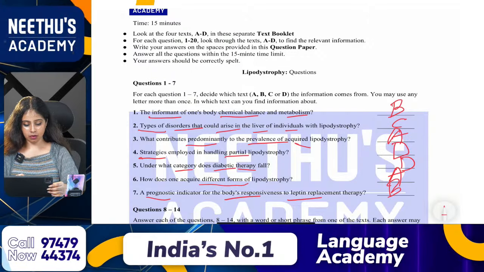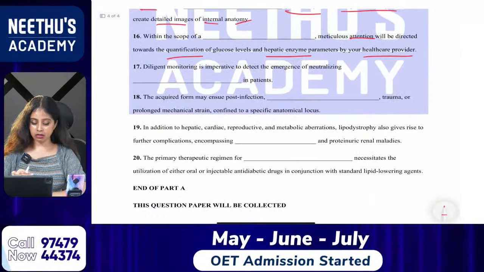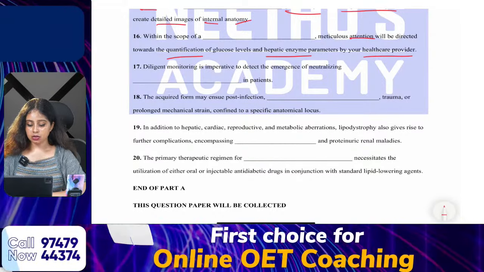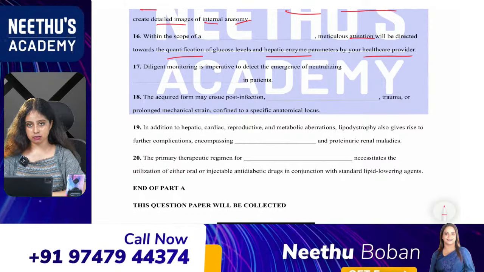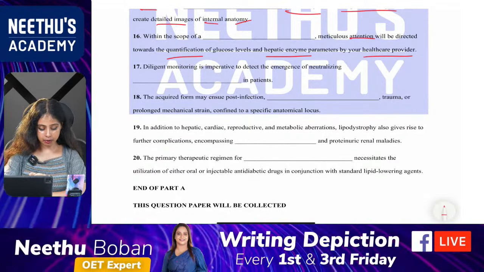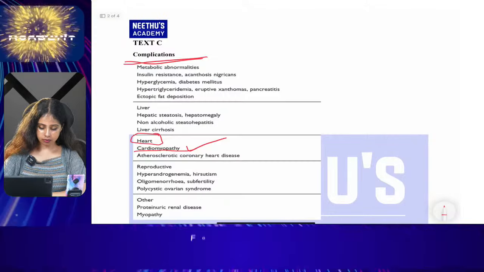Okay, very good. Then next, question number 17. Diligent monitoring is imperative to detect the emergence of neutralizing dash in patients. We will get the answer from text D, in the chart.